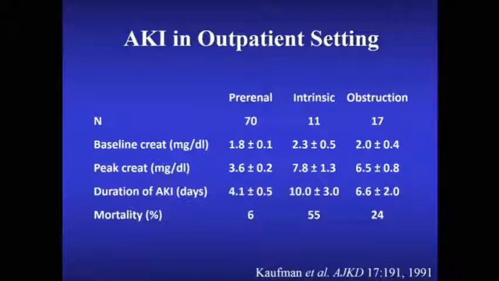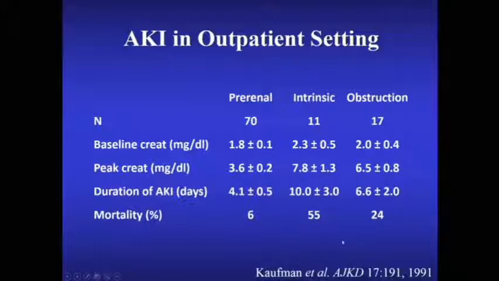Perhaps not surprisingly, in the patients who were deemed to have pre-renal azotemia, most of whom had volume depletion, it was more quickly resolved, and the mortality was very small, only 6%. But that was in contrast to these other two groups where, admittedly, the N's aren't big, but the mortalities are significant.